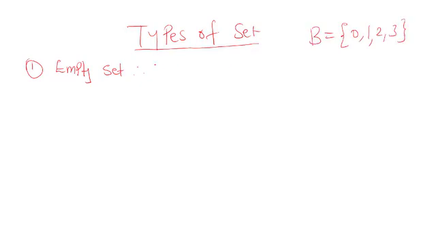But in a situation whereby A is without a number inside of it, it is called an empty set. Or it can be written as this: A being equal to this.